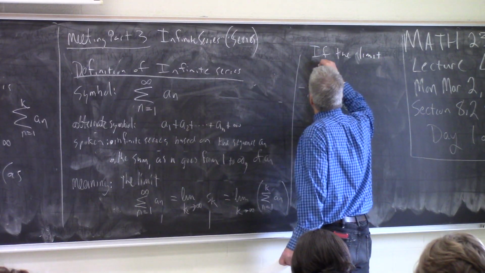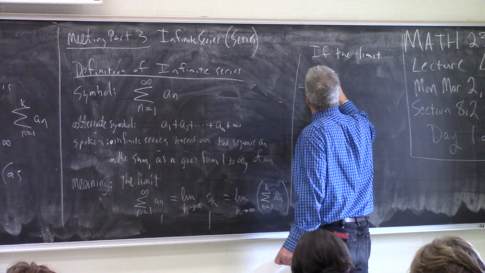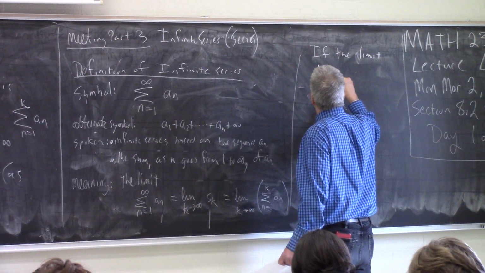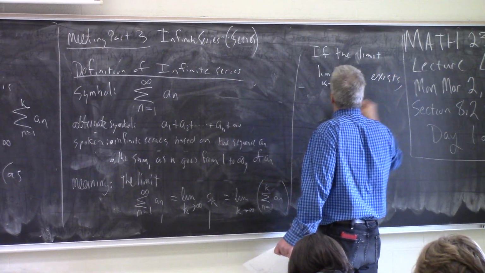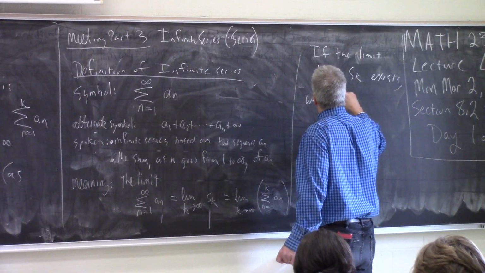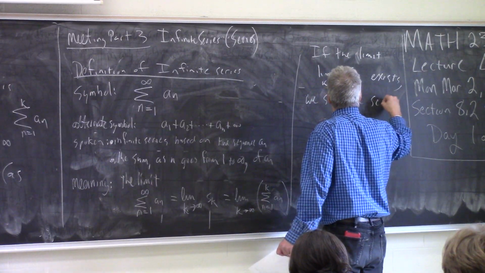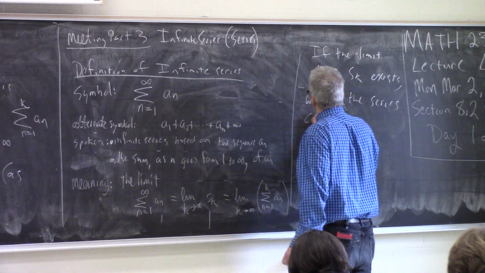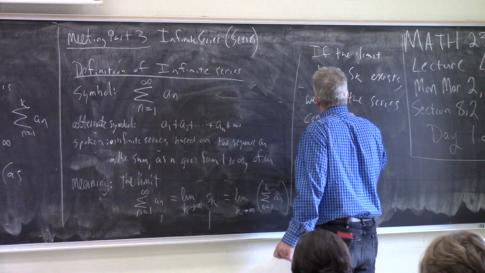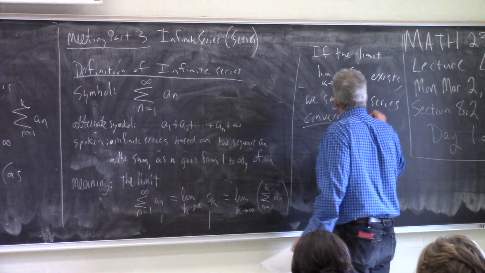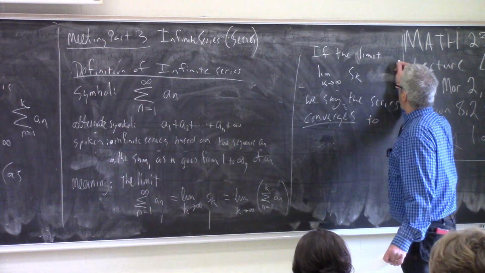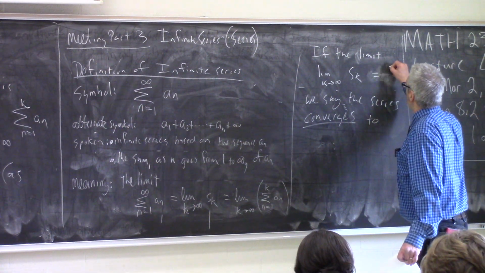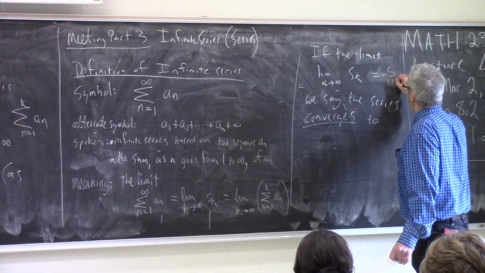So if the limit as k goes to infinity of SK exists, we say the series converges to the number, so I should say the limit is some number S, a real number.